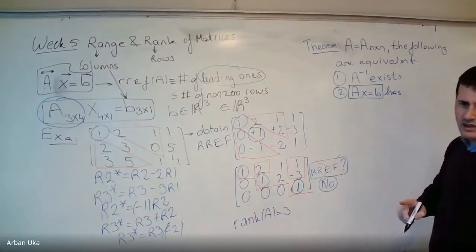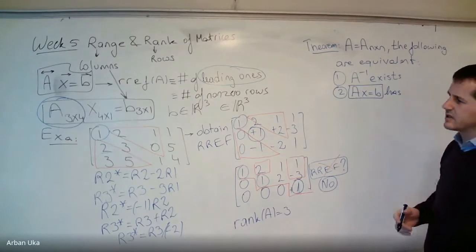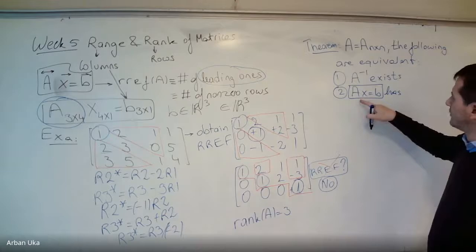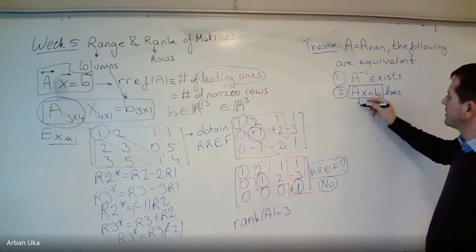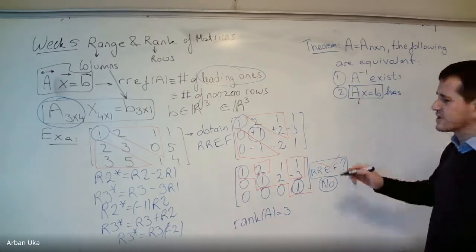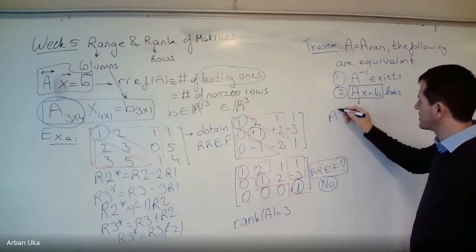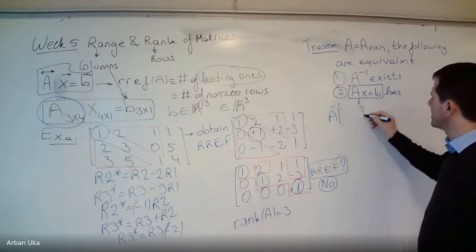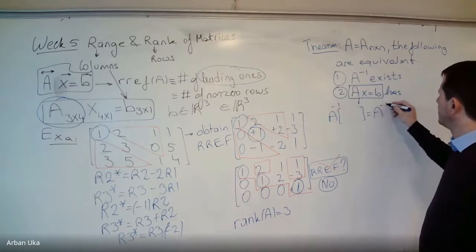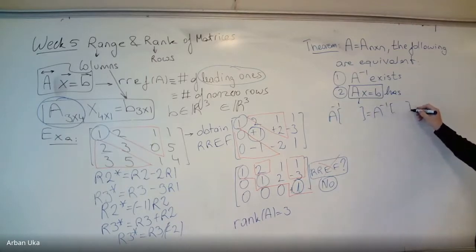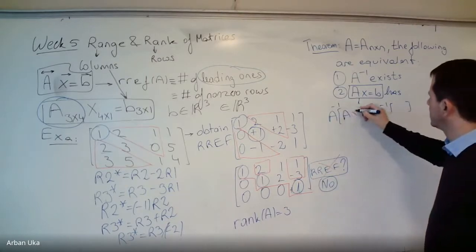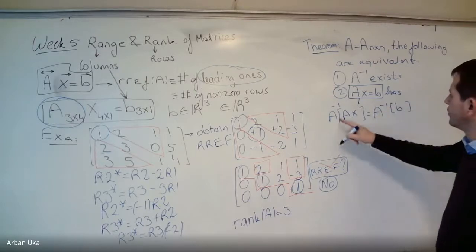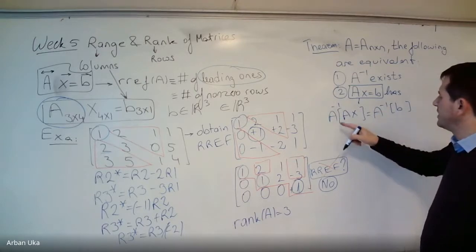You're right, that's correct. Let's try to understand why this is a unique solution. What we can do is multiply this equation from both sides with A inverse. A inverse times AX is equal to A inverse times B. Here we have AX, here we have B. What is A inverse times A?